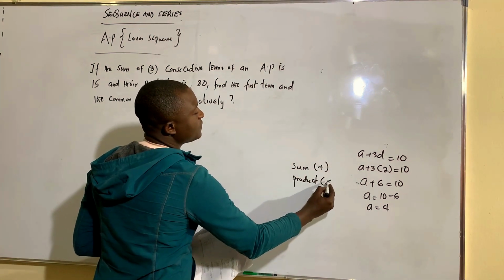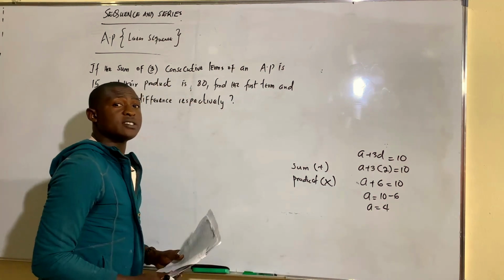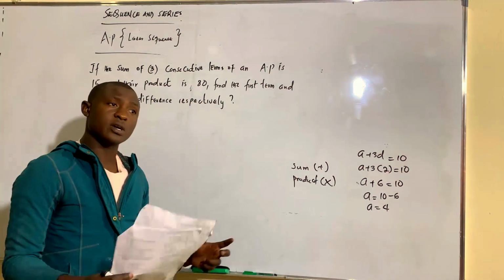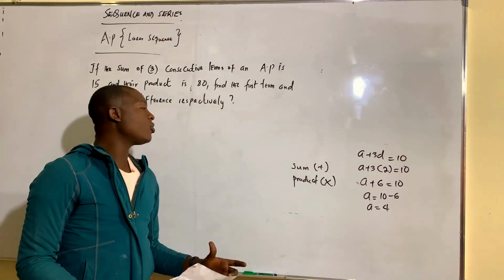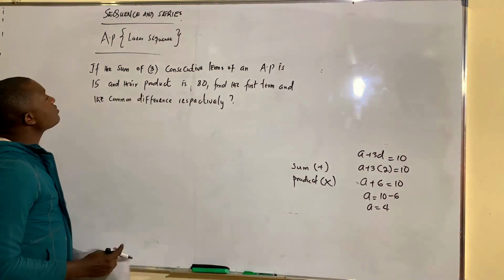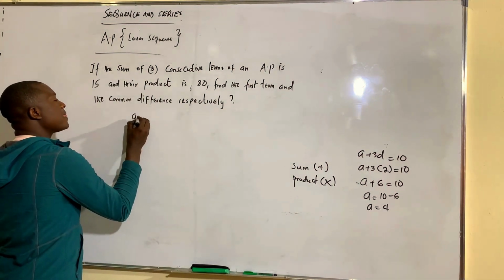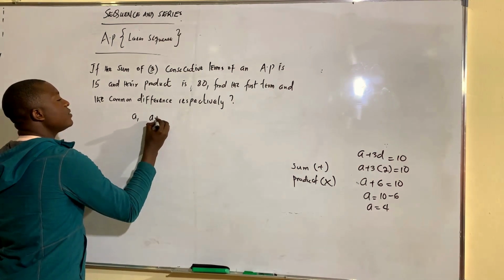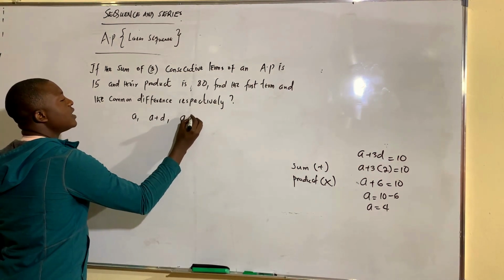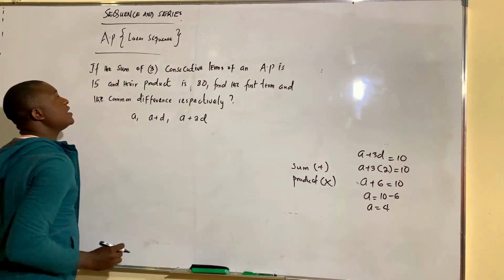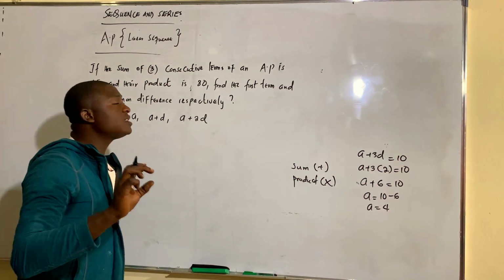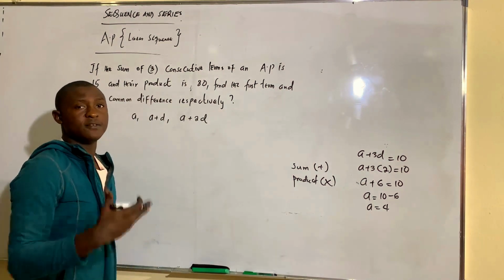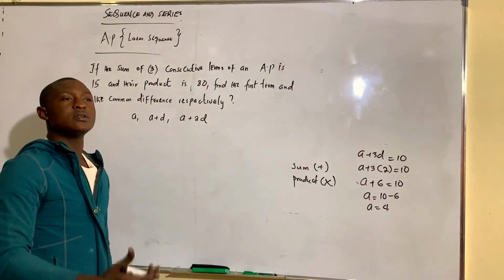If you watch our previous video, we talk about roots of quadratics. So we talk about the sum and the product there, what we mean by sum and what we mean by product. Now, the first term is A, the second term is A plus D, and the third term is A plus 2D, because they said the sum of 3 consecutive terms of an AP, the first, the second, as well as the third.